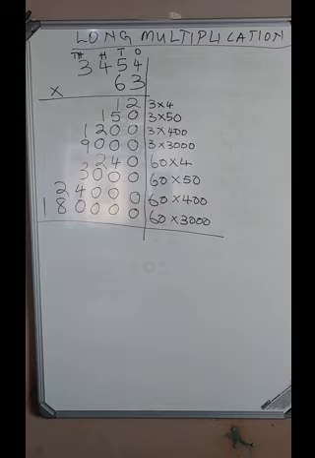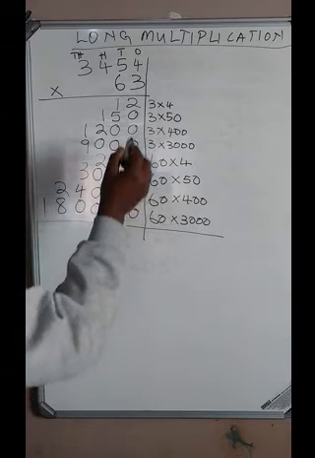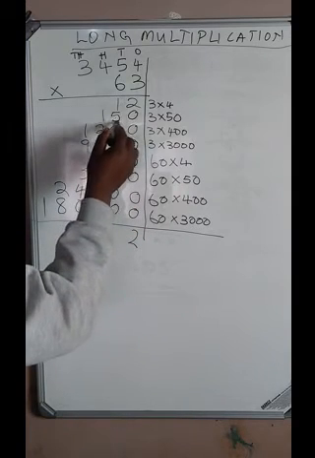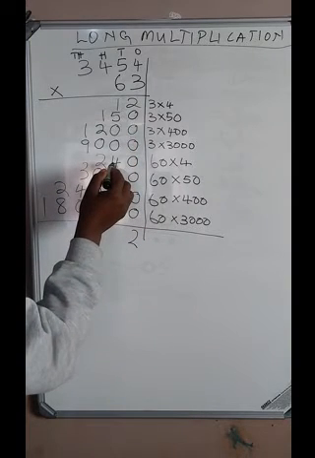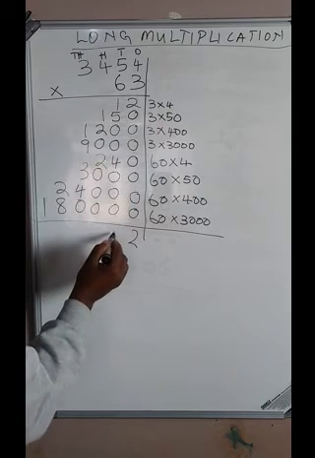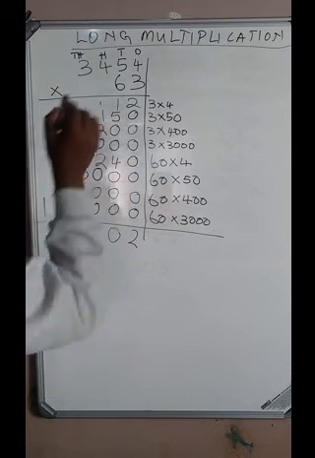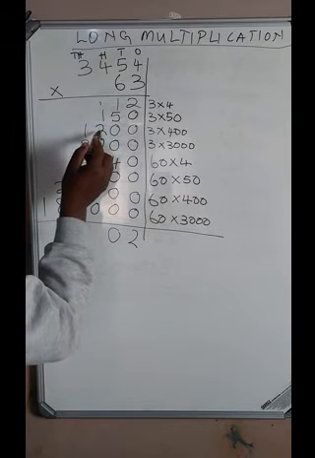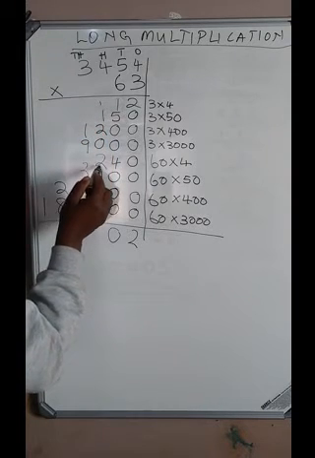Just like that. And then you add. 2 and 0 is 2. 1 plus 5 is 6. 6 plus 4 is 10. So you write 0 and you carry 1. 1 plus 1 is 2. 2 plus 2 is 4. 4 plus 2 is 6.